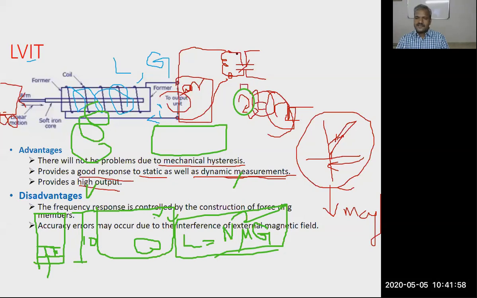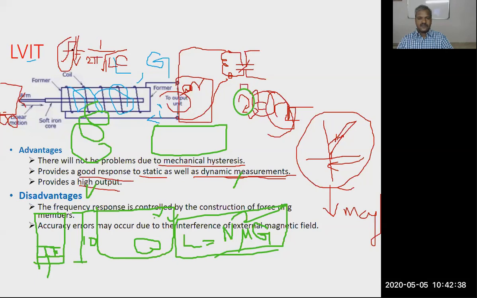So for the tank circuit, the frequency equals 1 by 2 pi square root of LC, the inductance and capacitance. If we increase the inductance of this coil, the self-inductance, the frequency changes: if inductance increases, frequency decreases.